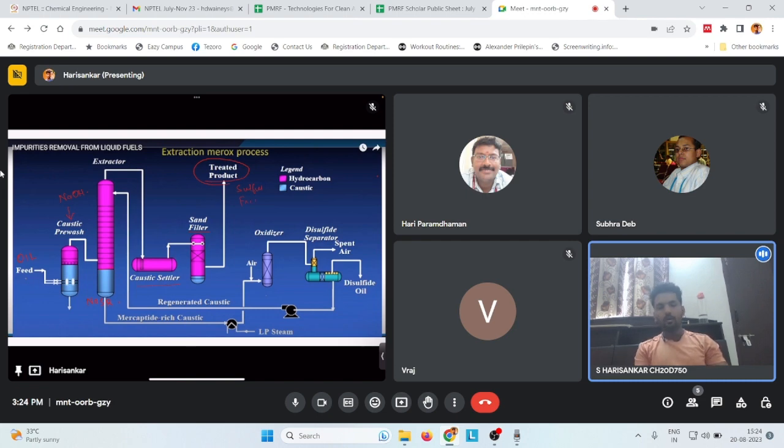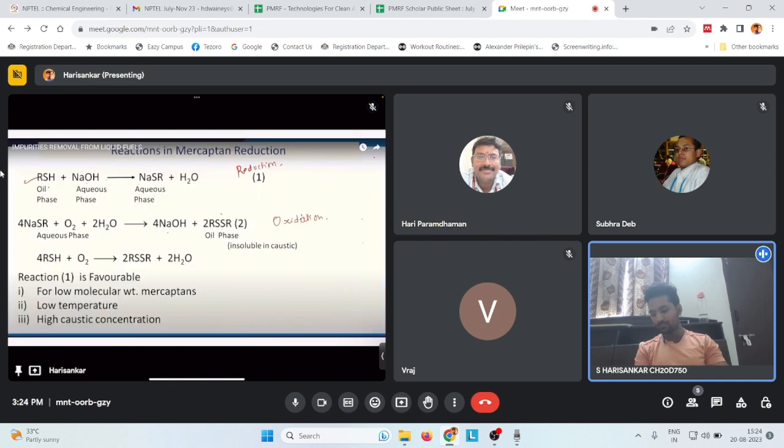And the sulfur rich compound, which is usually in the form of NaSR or sodium mercaptide, will settle at the bottom of the extractor, and from there we can send it to an oxidizer where we pass air as well as water in the form of low pressure steam to oxidize the sulfur rich settling product, the sodium mercaptide, as the second reaction shows here.